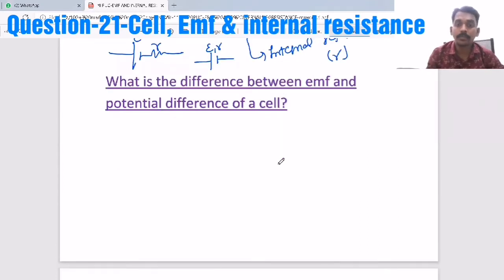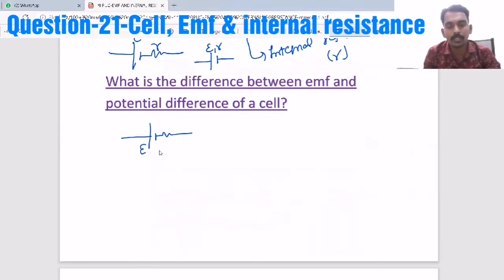Now what is the difference between EMF and potential difference of a cell? When you consider a cell and it is open, the potential difference is epsilon, so there is no potential drop across its internal resistance.